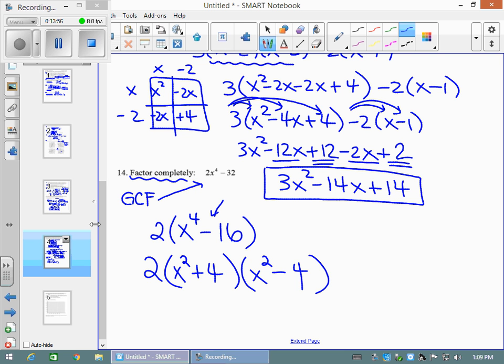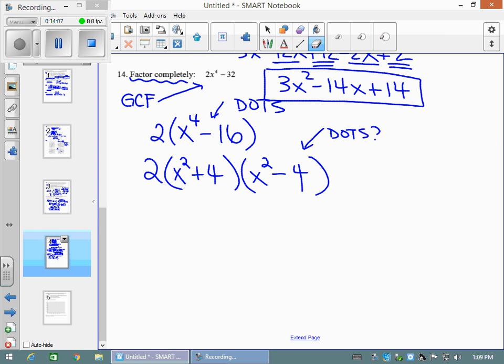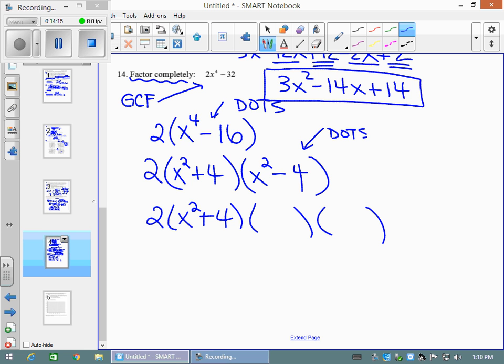So I'm asking myself, with the subtraction, is this a difference of perfect squares again? And again, I see that I have 2 terms, and they're both perfect squares, so I do. So I'm going to go one step further, and this is going to factor into x plus 2, x minus 2, to give me my final factored answer.